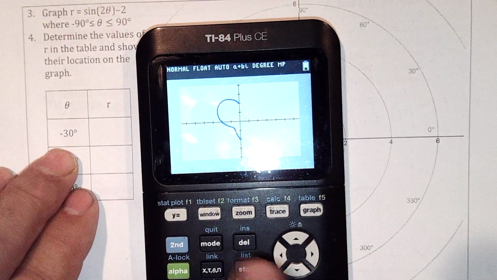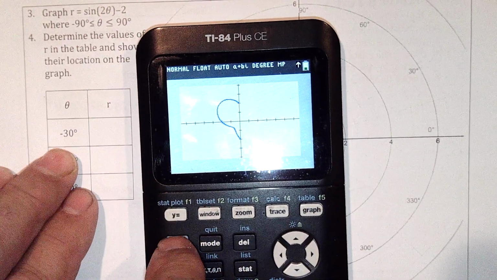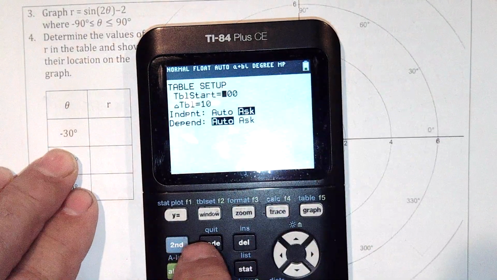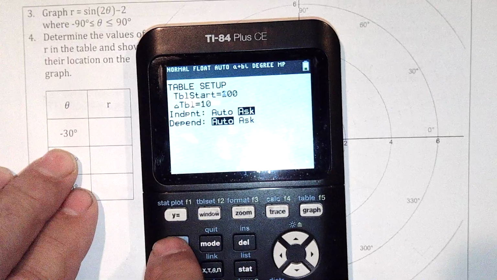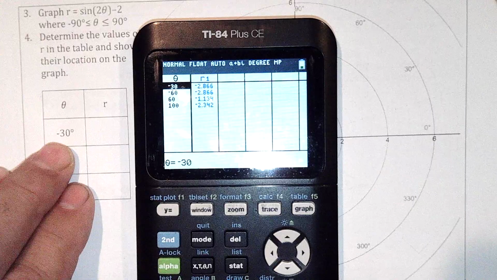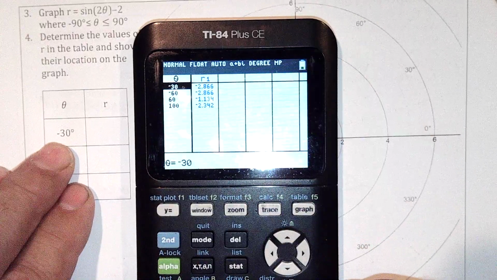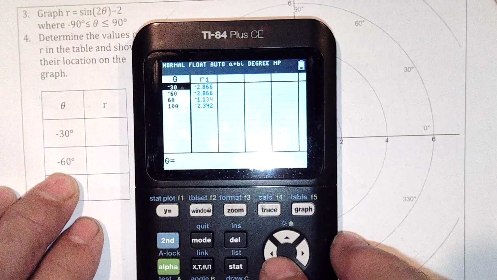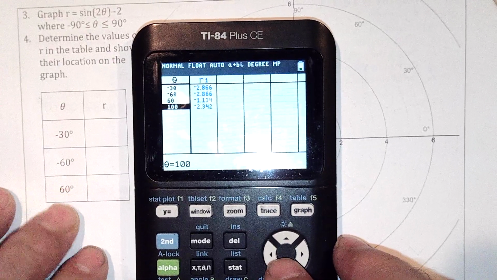Now, since the equation's in there, if I set my table set onto ask, I can go to table and I can put in the negative 30. See, I typed all these in, and then negative 60, and there's 100 in there.